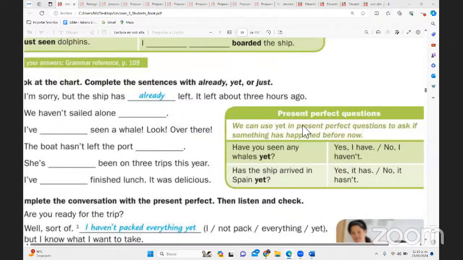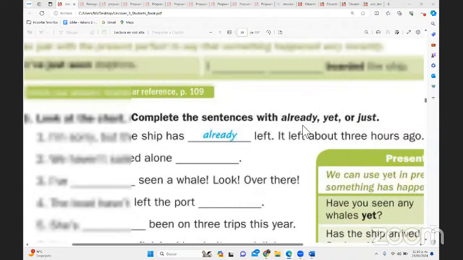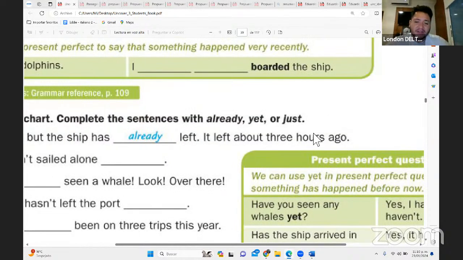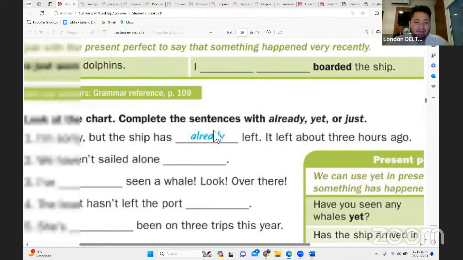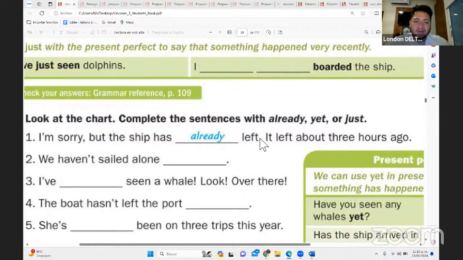Thank you. Guys, finally, we need to see these three expressions: already, yet, and just. Already is an expression that you use when you finish an activity, maybe previously to what another person could think. Por ejemplo, aquí dice, I'm sorry, but the ship has already left. It left about 3 hours ago.